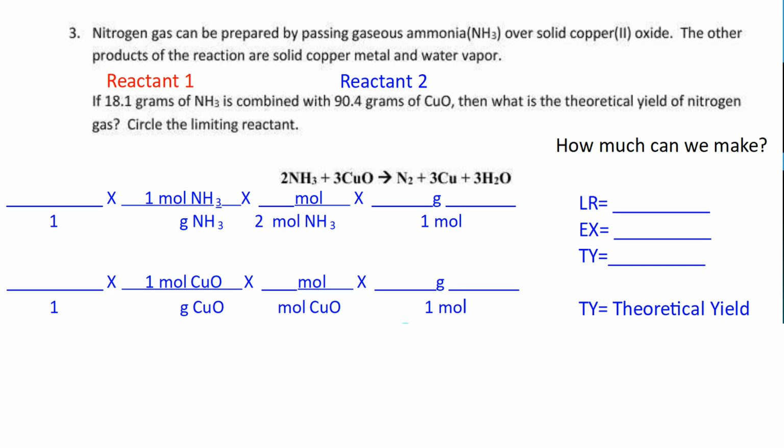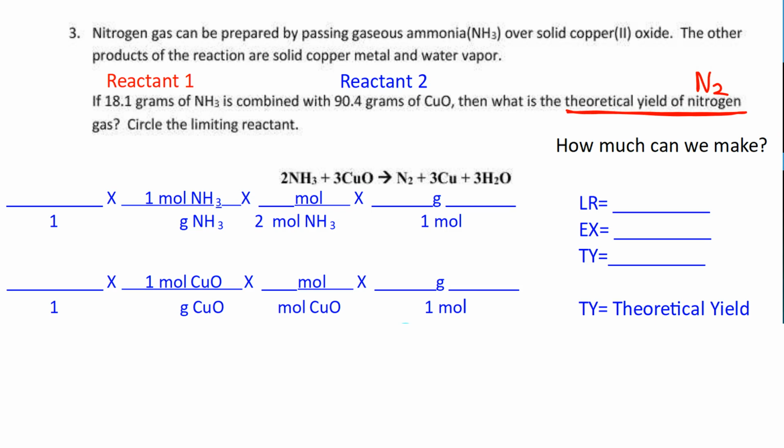All right, so when you read this problem, it says if 18.1 grams of NH3 is combined with 90.4 grams of CuO, it asks for what is the theoretical yield of nitrogen. So the first thing that I need us to recognize is this one told us what product it wants us to go to.